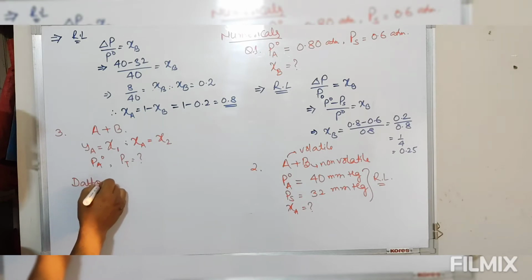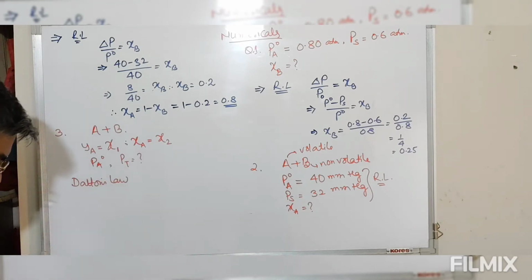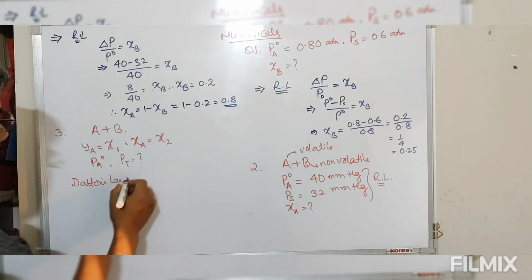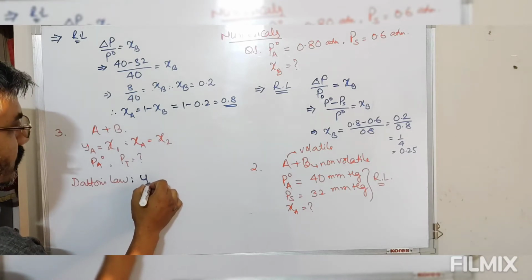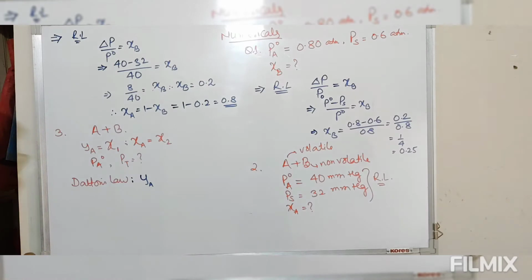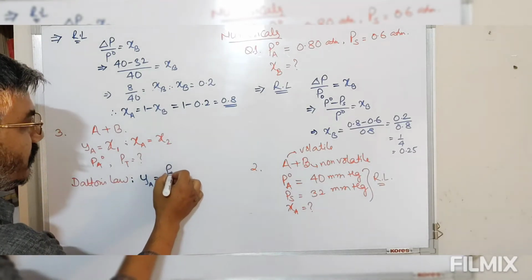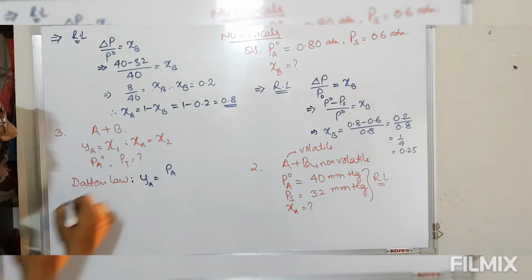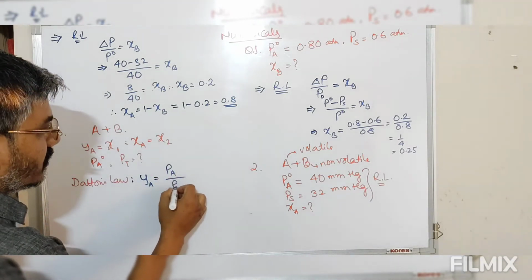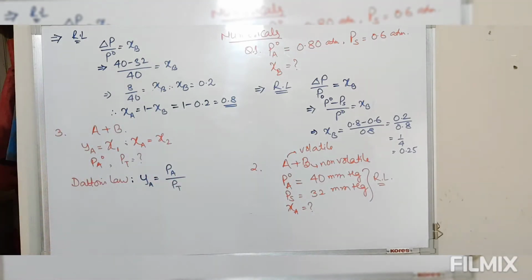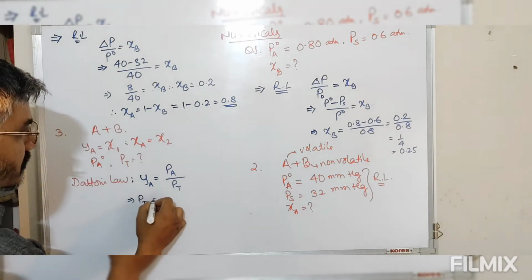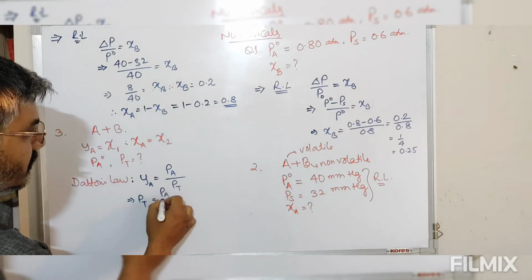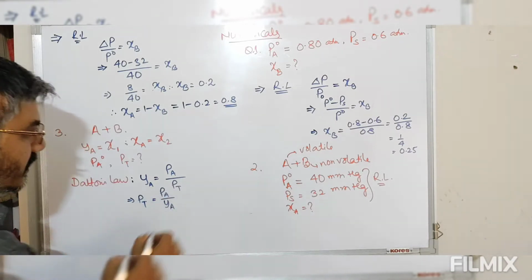Dalton's law says the mole fraction of A in the vapor is equal to the vapor pressure of A in the mixture divided by the total pressure. Therefore, look at this, total pressure is equal to PA divided by YA.